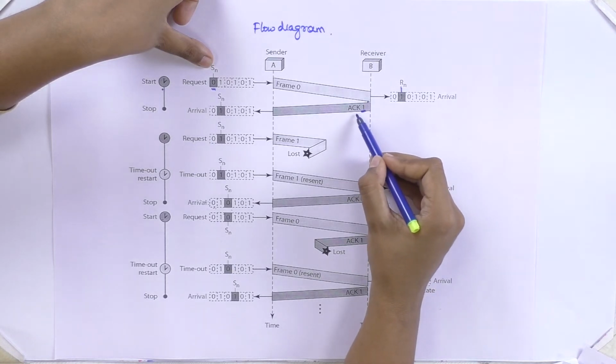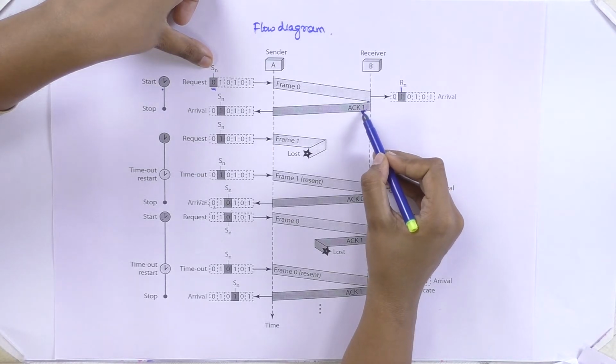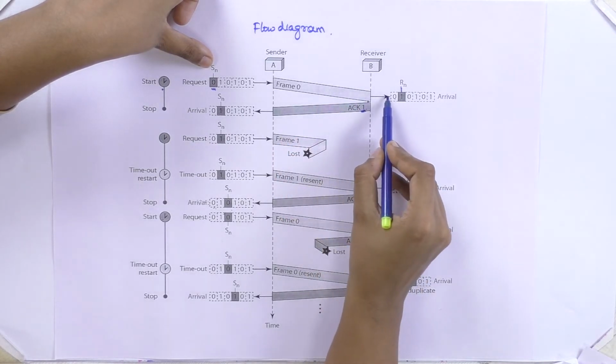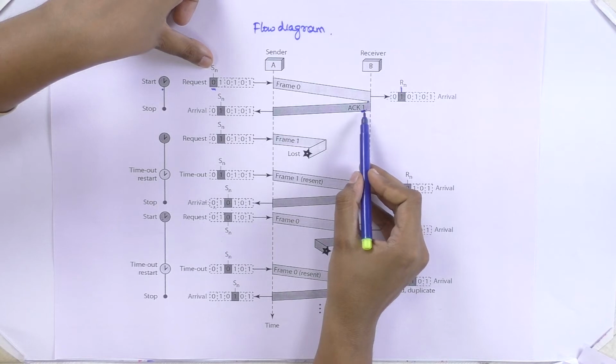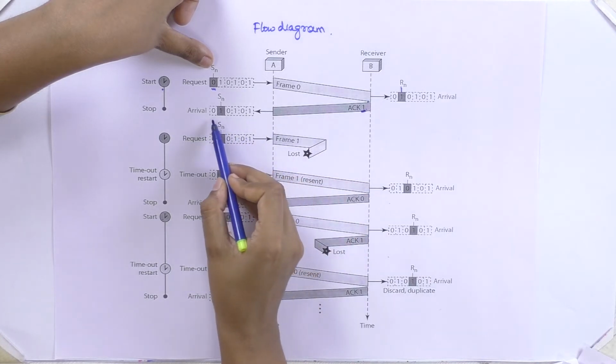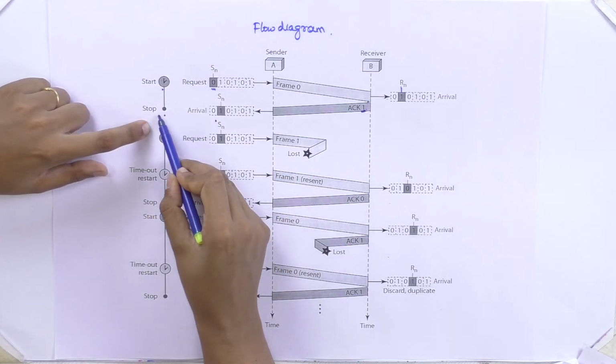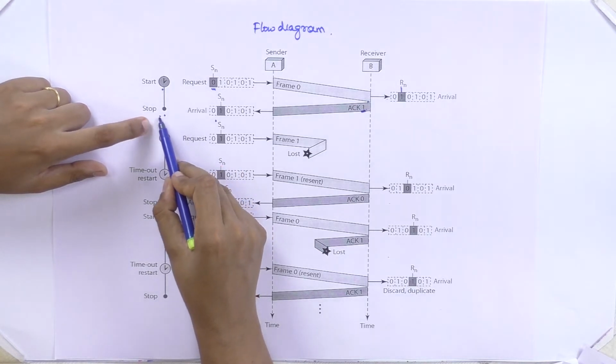The acknowledgement here means the receiver tells the sender to send the next frame after your current frame. So the next frame here will be 1. So the acknowledgement has been received and the timer stops. So whatever copy it has, it will just discard.